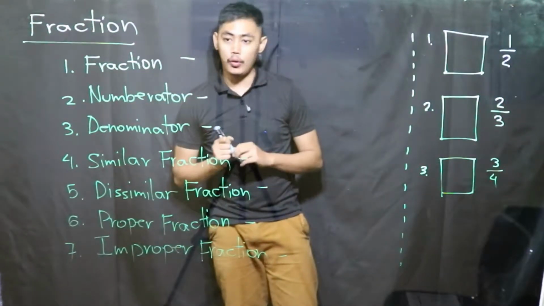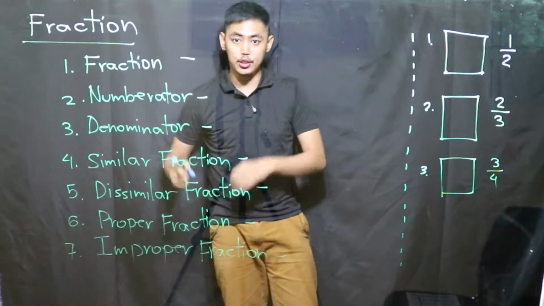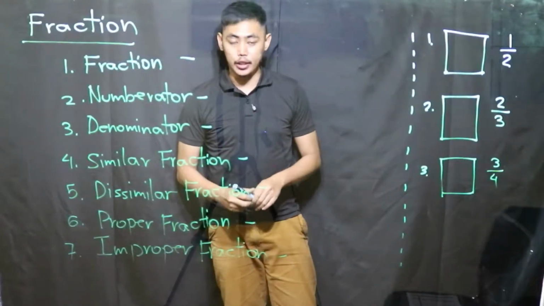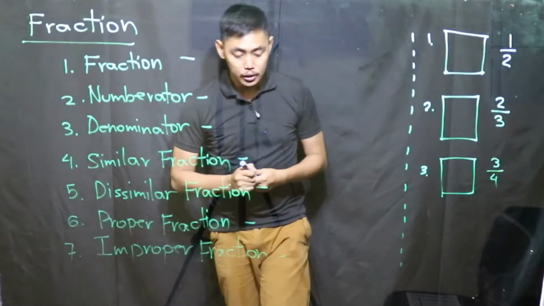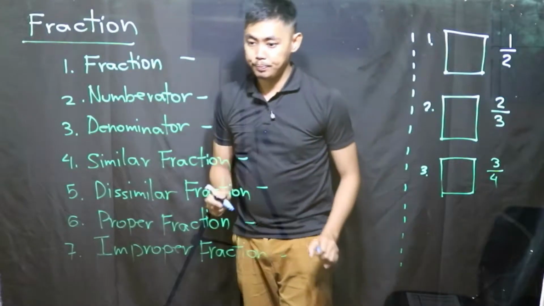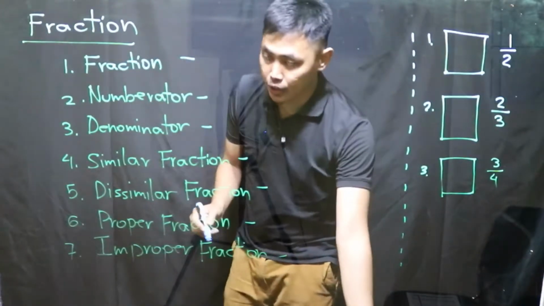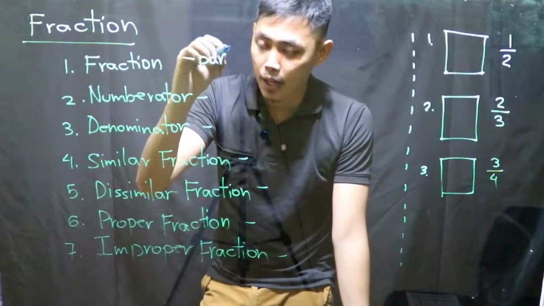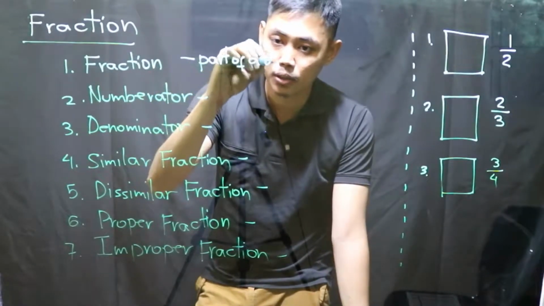Before we go into computations, addition, and subtraction of fractions and all of that, we just need to define the terms involving fractions. So first, what is a fraction? A fraction is a part of a whole.